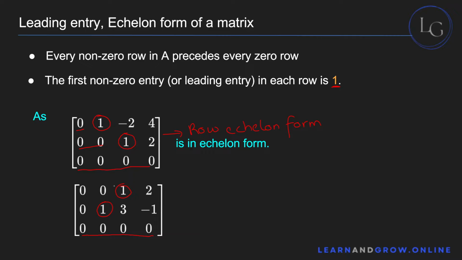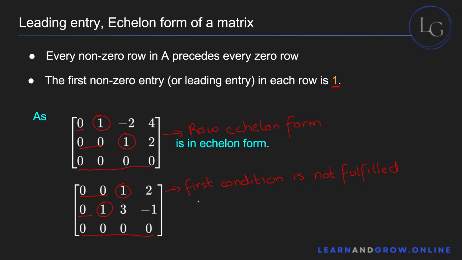The first condition said that the number of leading zeros in a row must be greater as the number of rows progresses. But as you can see here, there are two leading zero entries in the first row and one leading zero entry in the second row. So the first condition is not fulfilled.